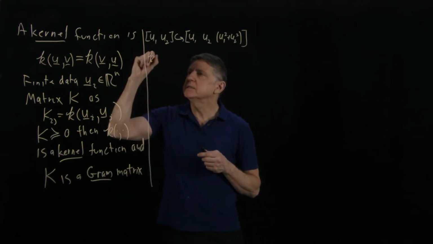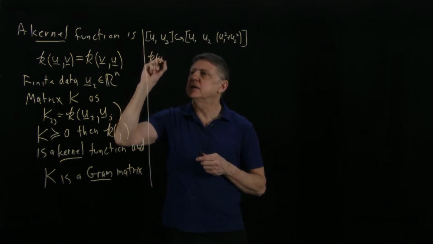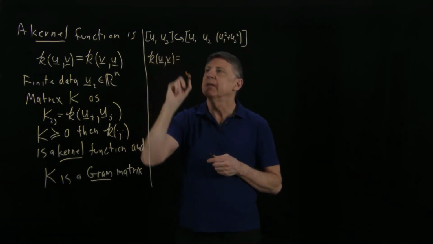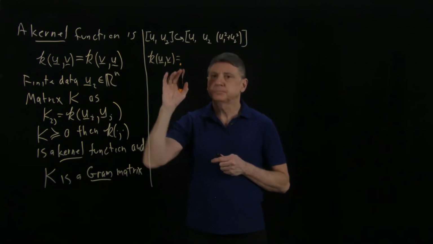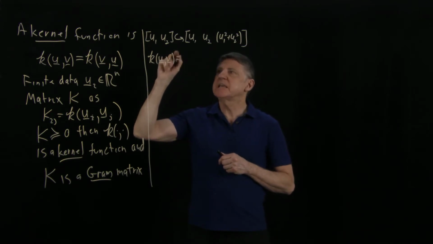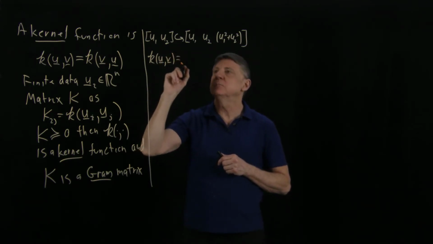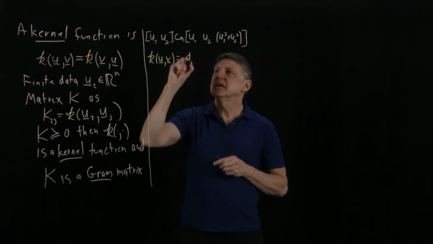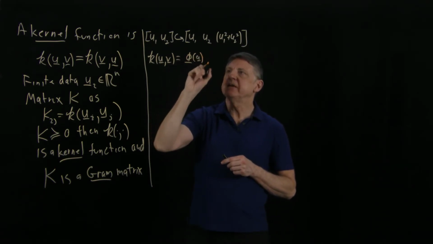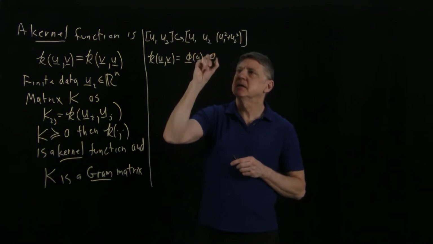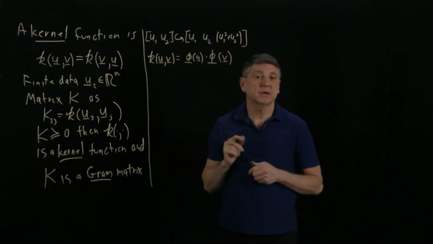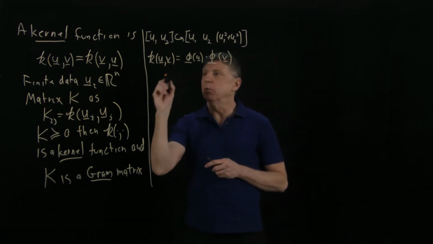If we hand it observation u and observation v, what would the dot product be? It is the dot product of the embedded U and the embedded V, and that dot product is symmetric.